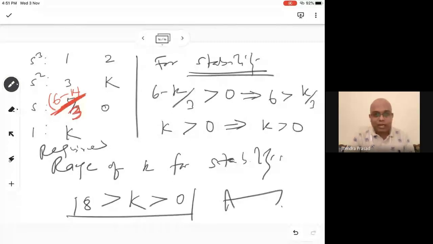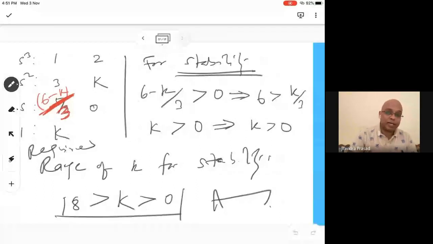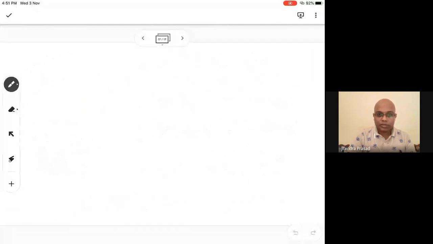Okay, so let's take one more, and the others you can solve. So I will take 21 because this is again related to the Routh stability criterion. Since this is important, take one more problem, this one.